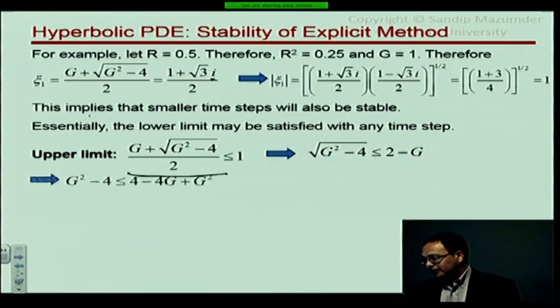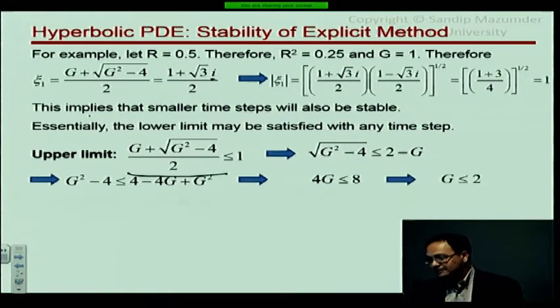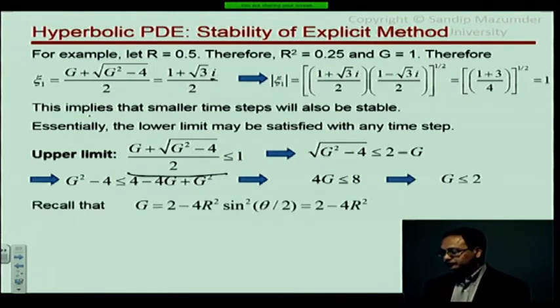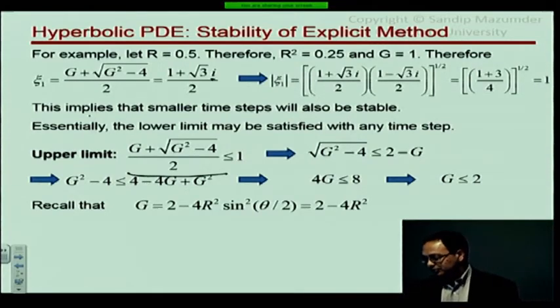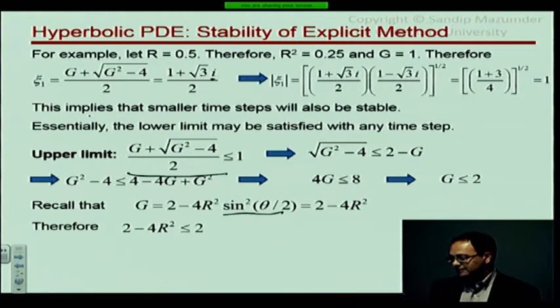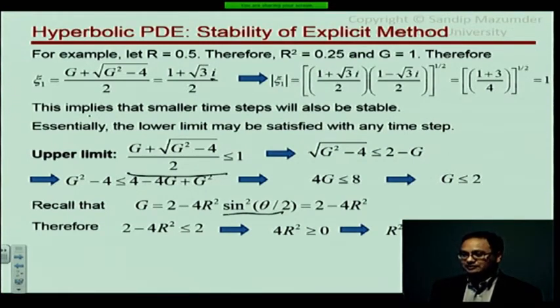And again, we do some algebra on it. That gives us g is less than or equal to 2, which means 2 minus 4r square. Of course, sine squared theta is equal to 1. So 2 minus 4r square is less than 2, which gives us 4r square is greater than 0, or r square is greater than 0. And that's pretty obvious. Again, that doesn't give us anything new. Okay, r square obviously will be greater than 0.